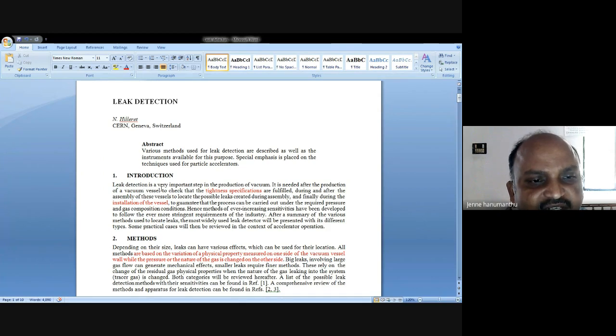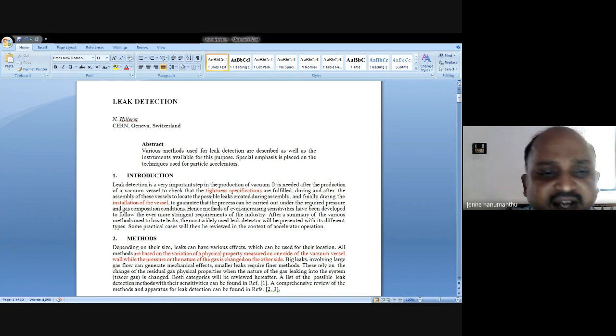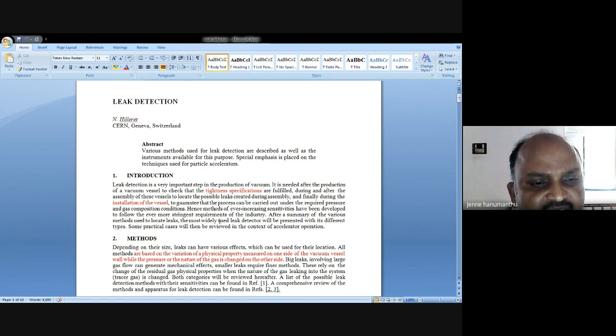Leak detection is a very important step in the production of the vacuum. So we have to check that the tightness specifications are fulfilled during and after the assembly of the vessels, to locate the possible leaks created during the assembly. So when we install the vessel somewhere, we should care about the tightness specification.